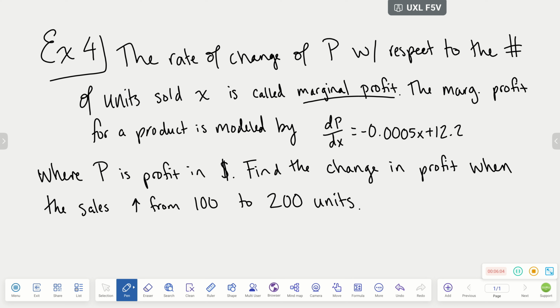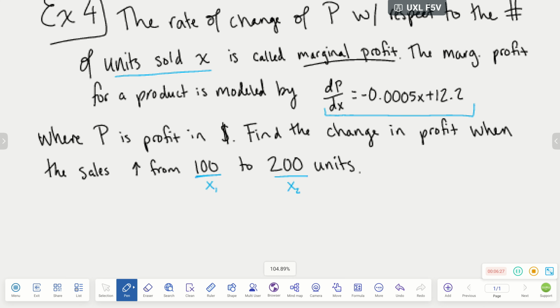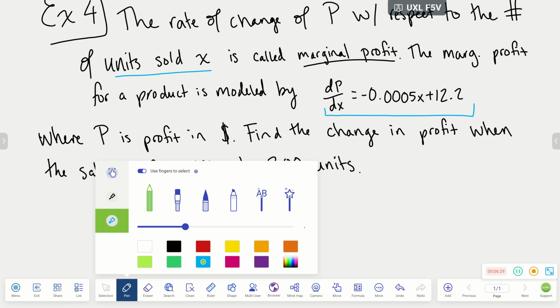All right, now for this, P is our profit in dollars, and we're given dP/dx here. And remember that it said that units sold is x. So these are x's, x1 and x2. Those are going to be our bounds.